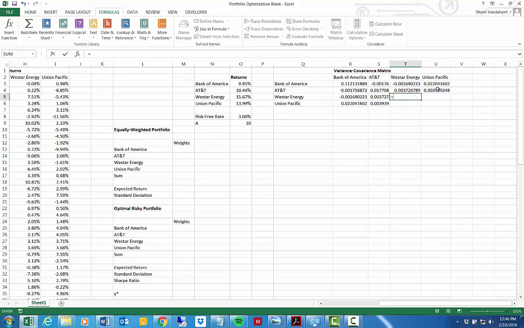For the next row, it's going to be the covariance of Westar Energy and Westar Energy multiplied by 12. The covariance of Westar Energy and Union Pacific multiplied by 12.